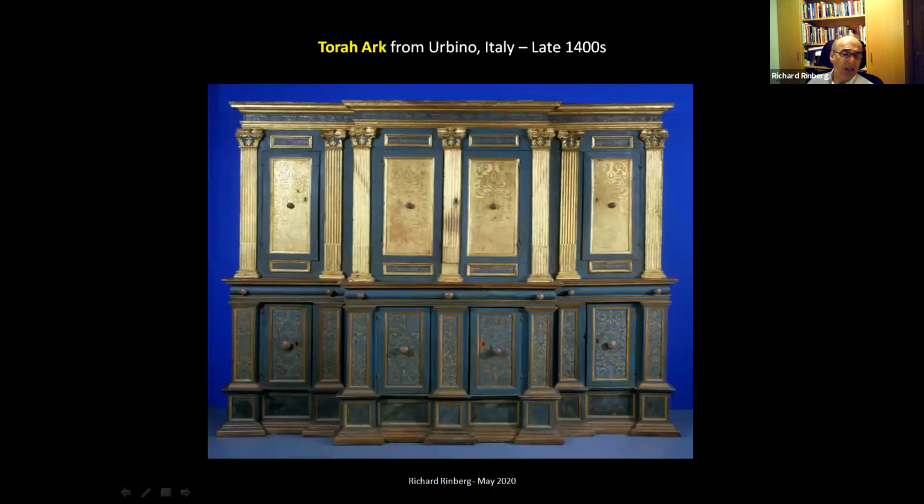This is actually in New York in the Jewish Museum today, but it's the oldest wooden Torah Ark from Urbino in Italy. It's from the late 1400s. And again, it looks like a very beautiful cabinet, as it were. There's no luchot on top, no design outside that would tell us immediately that it's a Torah Ark.